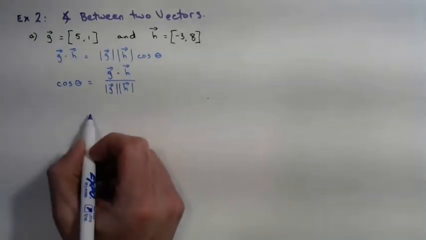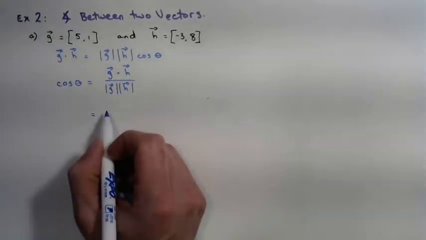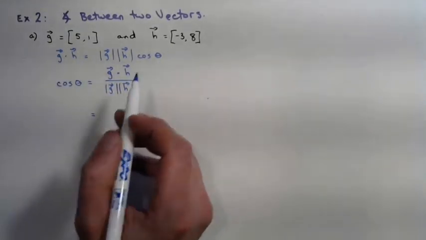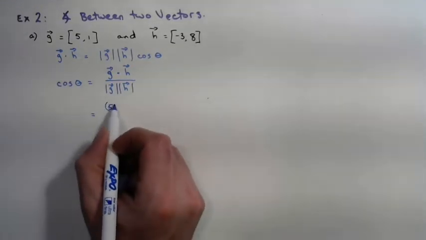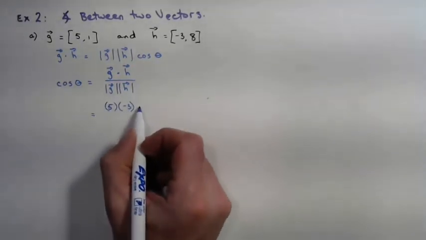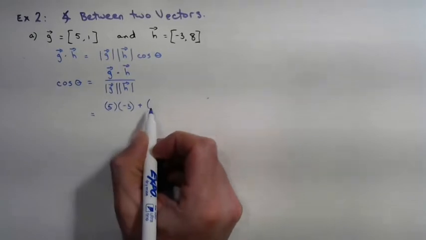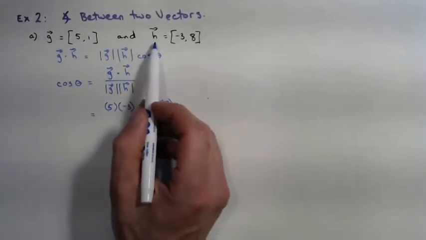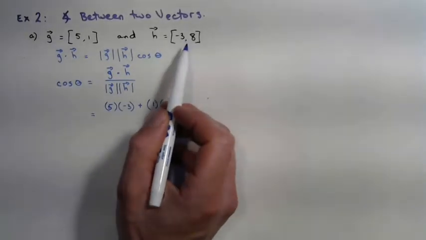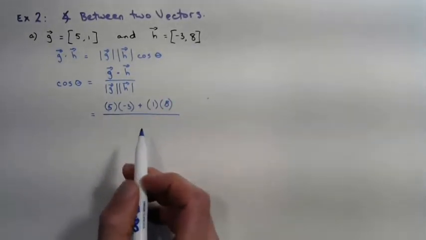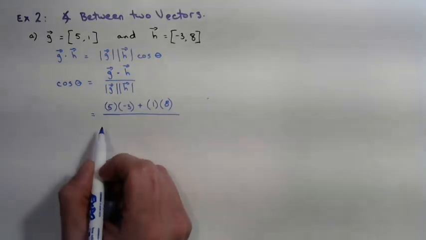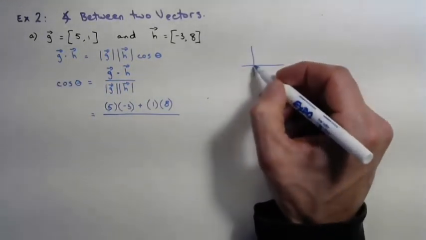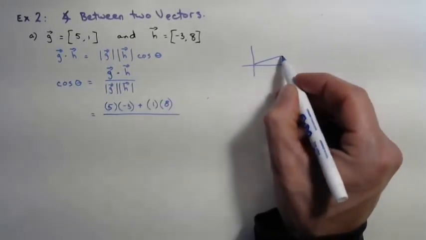The dot product of g and h, we're getting pretty good at it. It's simply taking the first digit for g times the first digit for h, so that's 5 times -3, and we're going to add 1 times 8, g2 times h2. That's the numerator. The denominator now is the magnitude of both of these things. So again, magnitude, we're thinking of a Cartesian. We're at 5, 1, which is like over here.